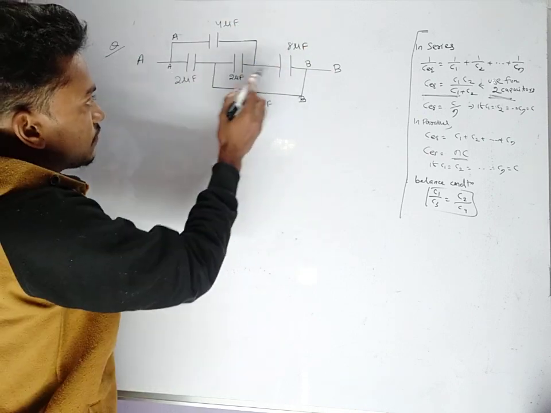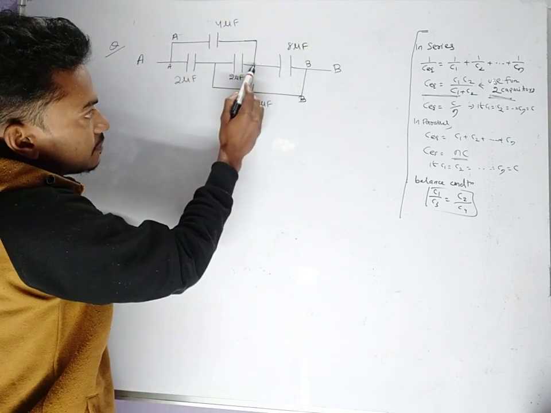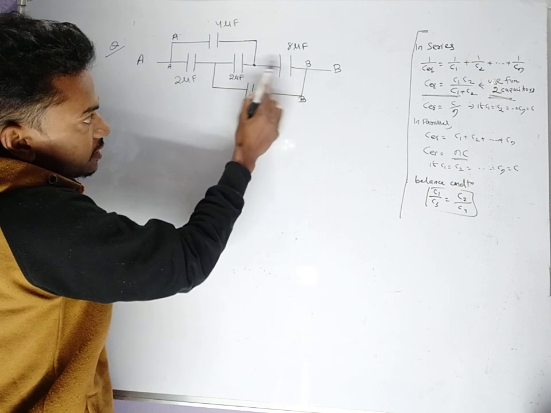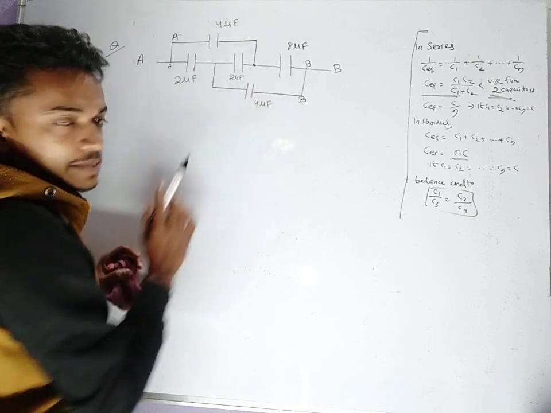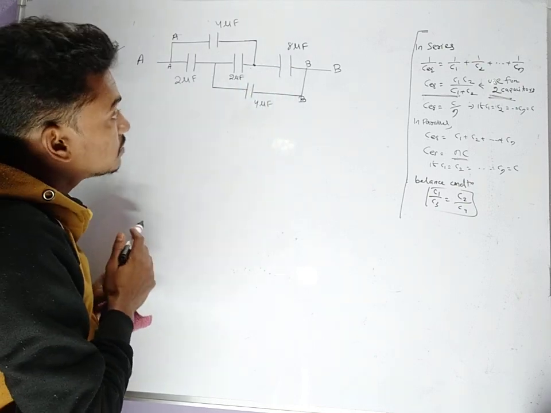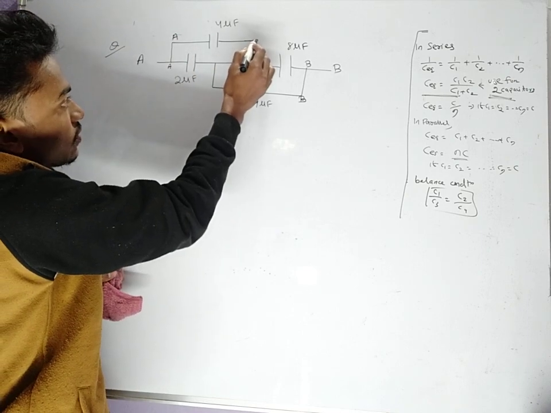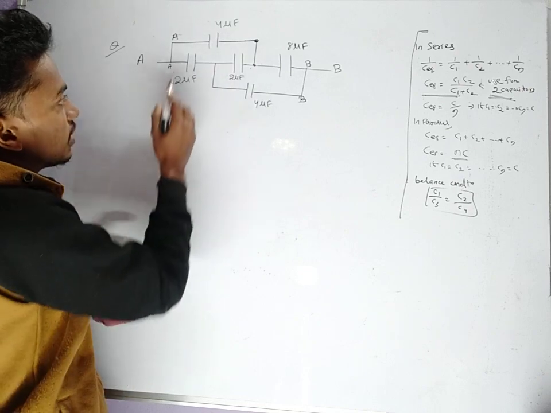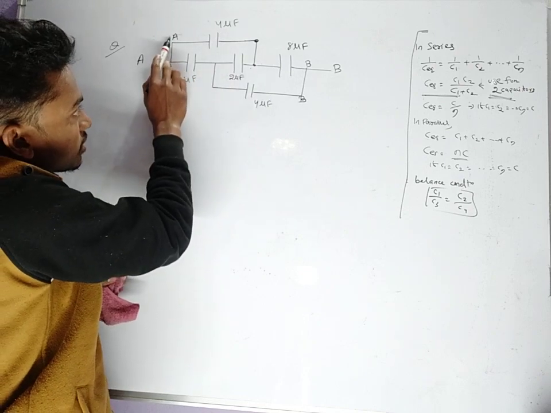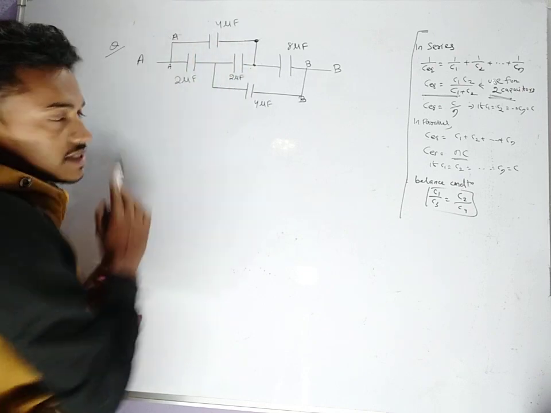So can we say that this will be B? Since in between these two points there is an element or capacitor, you cannot say it is B. Similarly we cannot say this will be A point, since between these two points a capacitor is present.